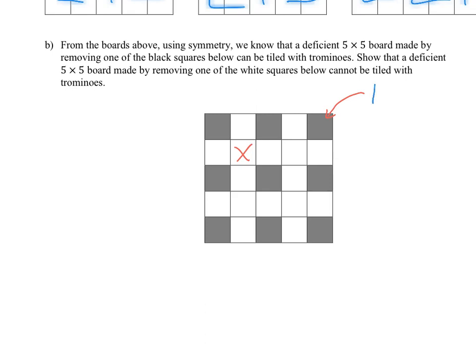So one Tromino is required to cover that top right black square, and the same goes for every other black square in our picture.